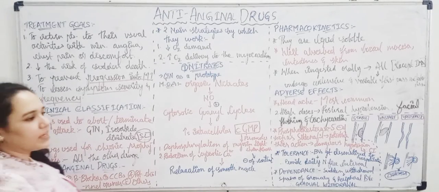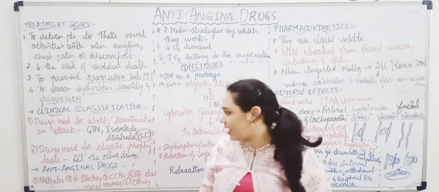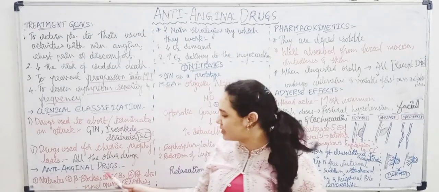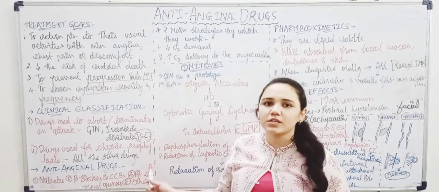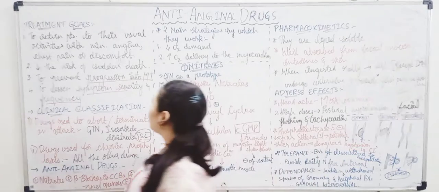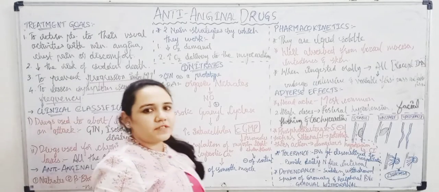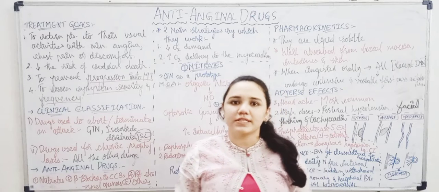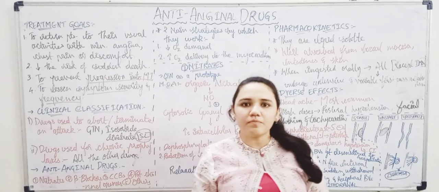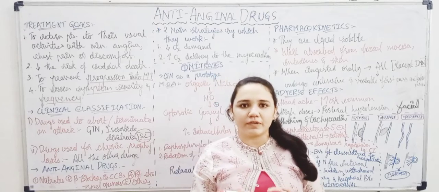Anti-anginal drugs, in our previous class we have seen that there are 5 classes of drugs. They are nitrates, beta blockers, calcium channel blockers, potassium channel openers and other drugs. So what is the main strategy by which these drugs work? So we have seen in the definition itself that in angina there is an imbalance between oxygen demand and supply.